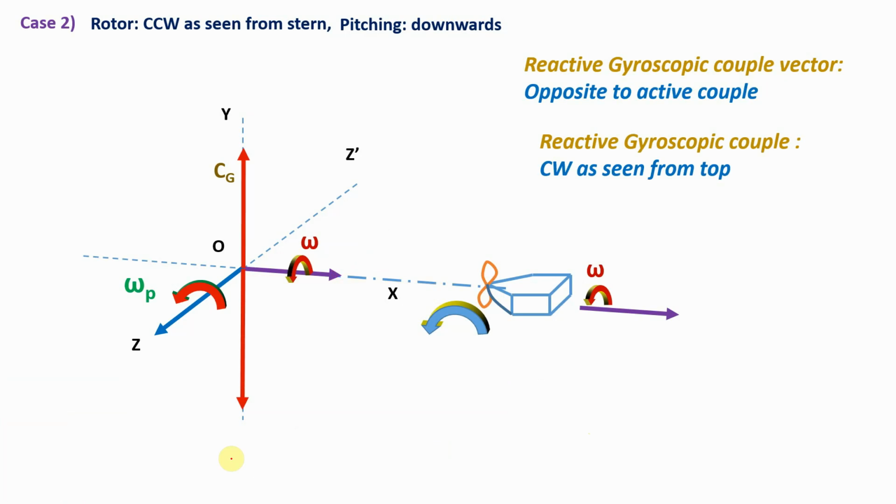Now to find out the sense of the reactive gyroscopic couple, we hold this vector representing CR in the right hand such that the thumb of the right hand is directed in the direction of the arrow. Hold the vector representing CR, that is vector OY dash, in the right hand such that the thumb is pointing in the direction of the arrow.